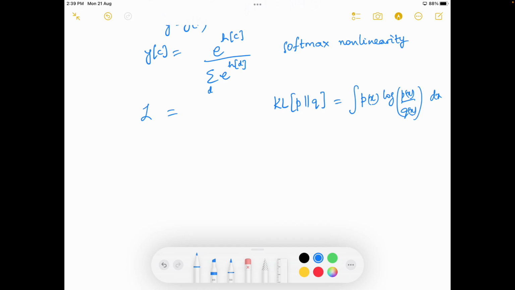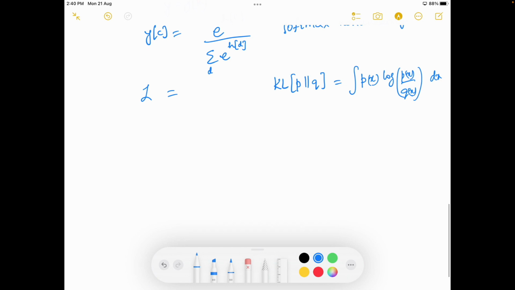But if it is a discrete random variable, it becomes a summation instead of an integration. That is the KL divergence between two distributions P and Q.